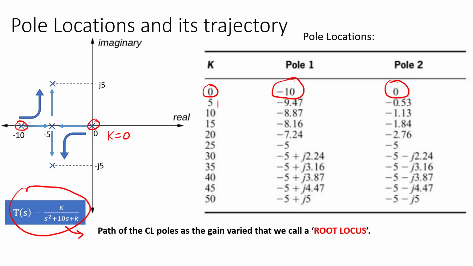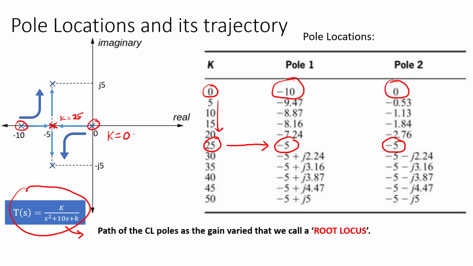Once we vary K, let's say to 25, the location of the poles will become -5 and the same pole here. This is where they double at the same point, where K is equal to 25.